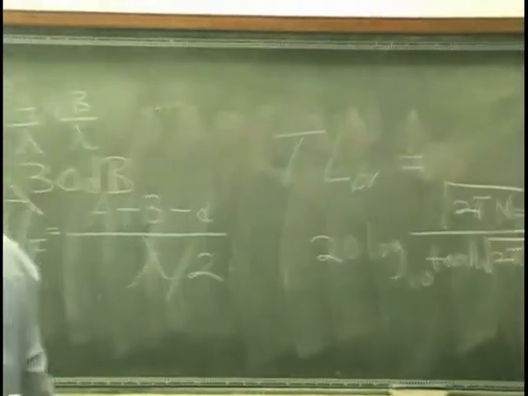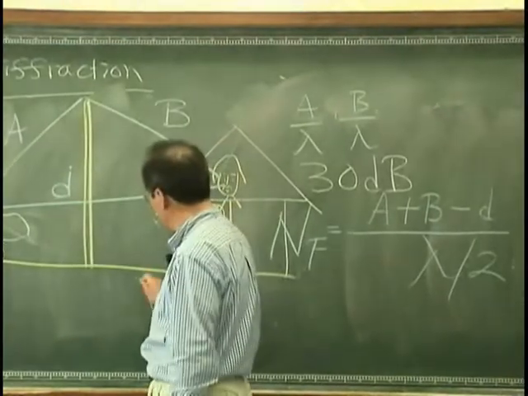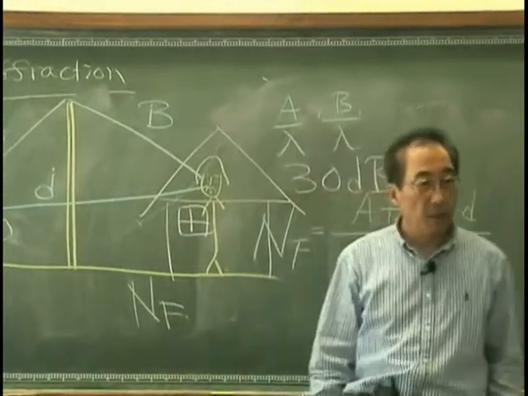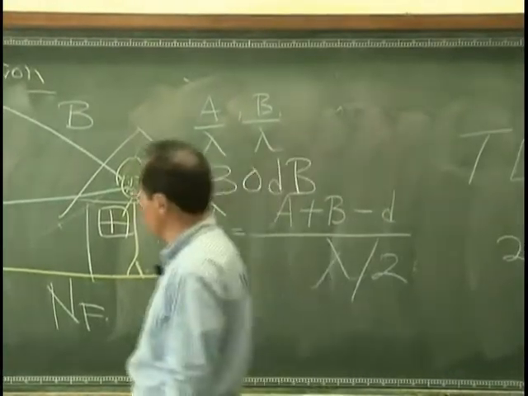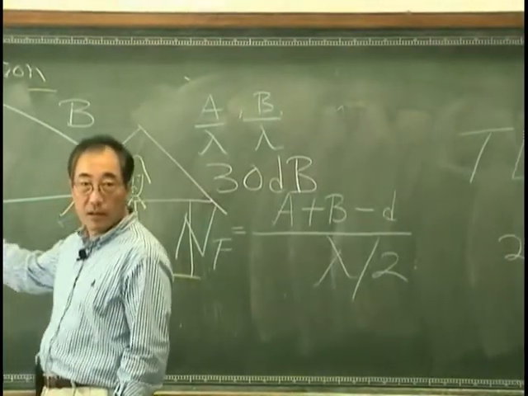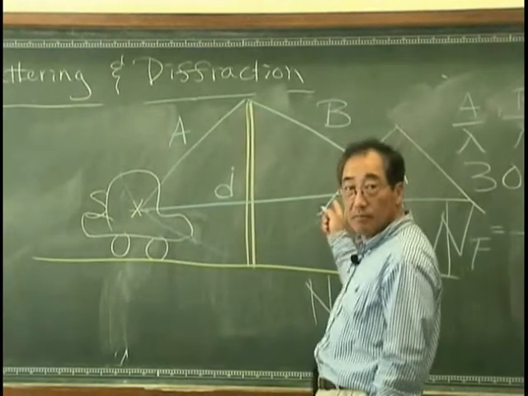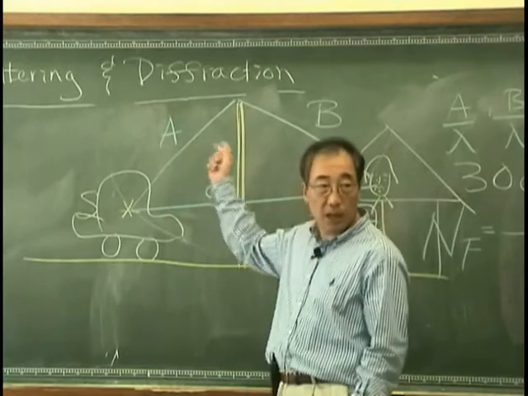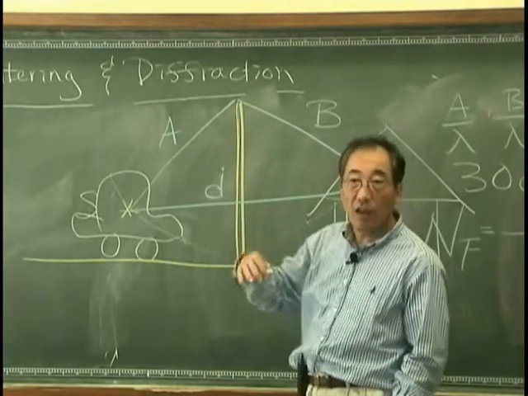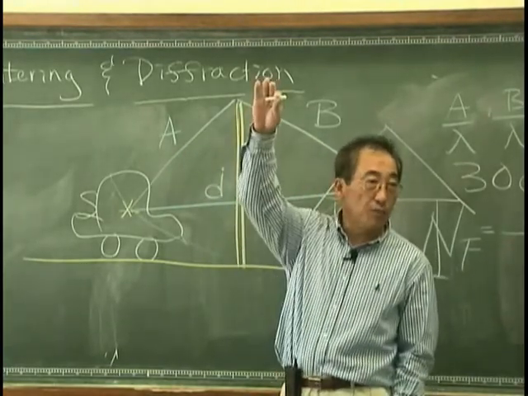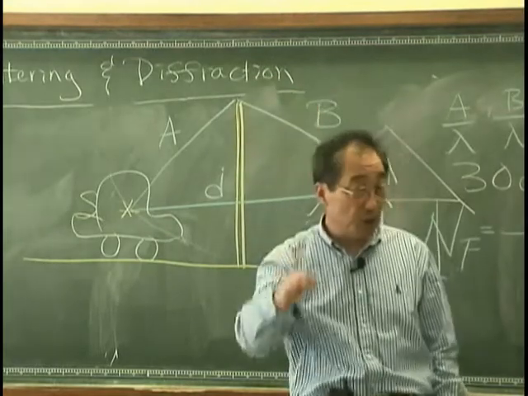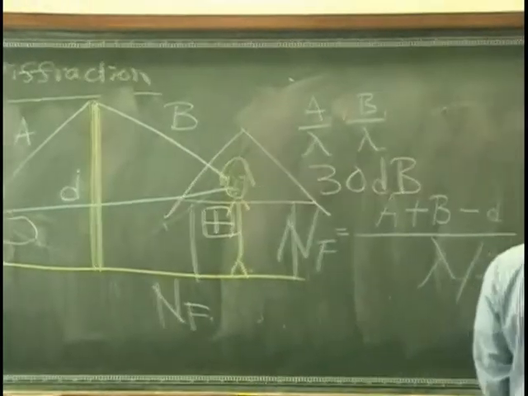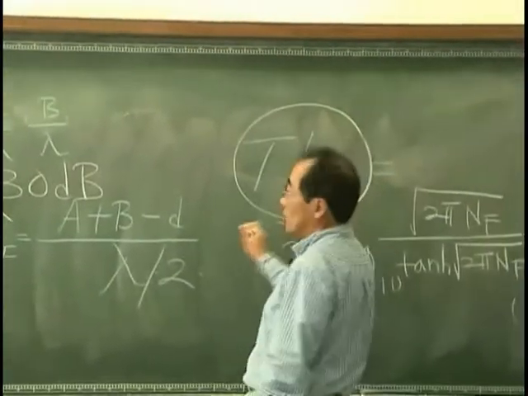To design this, first he has to know the Fresnel number, right? He can estimate D, okay? And then also he can estimate A and B by seeing the nominal height of the sound barrier. And then using this formula he calculates the transmission loss.